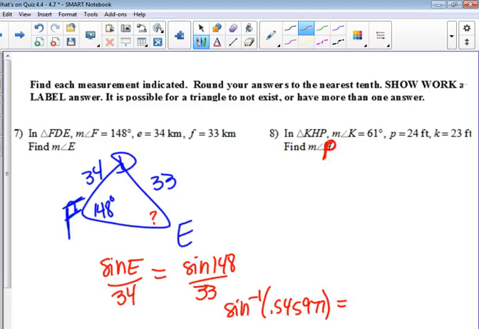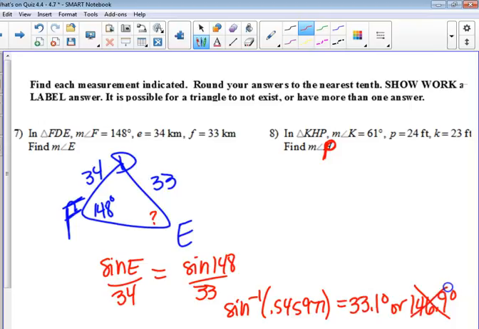And you get 33.1. Okay. You would subtract from 180 to find the other solution, but can you have actually either of those?